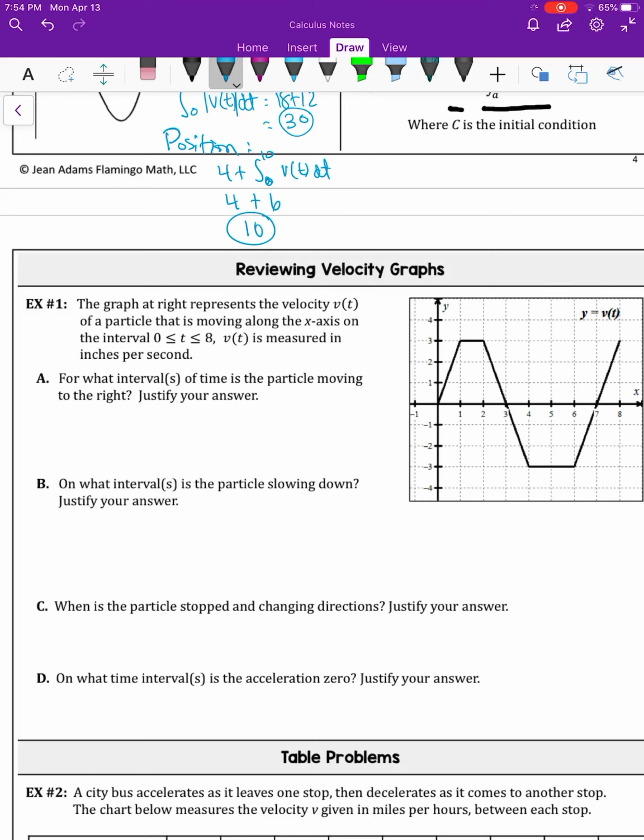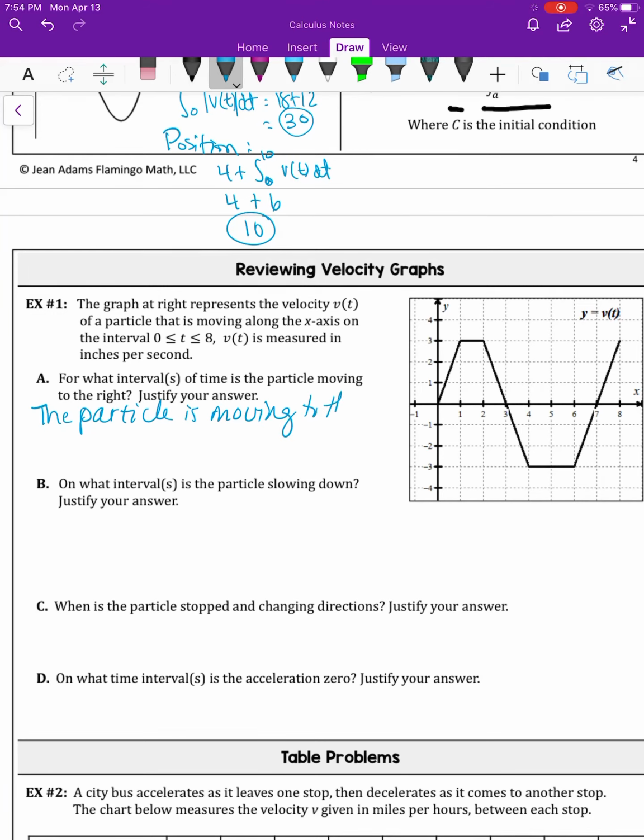So we know that when we're looking at the velocity function, that right-hand movement is going to be when the velocity function is above the x-axis, right? Because velocity is positive, that's right-hand movement.